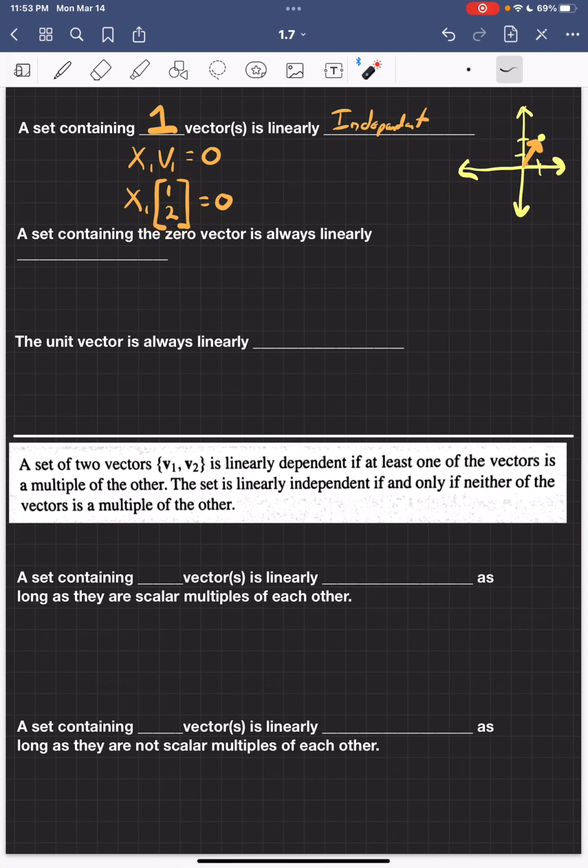So that's the next question: a set containing the 0 vector. Let's go ahead and write that. Remember, you could choose any scalar you want, but this time your vector itself is the 0 vector.